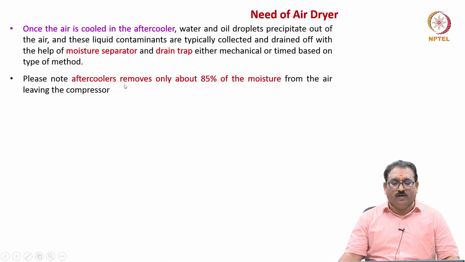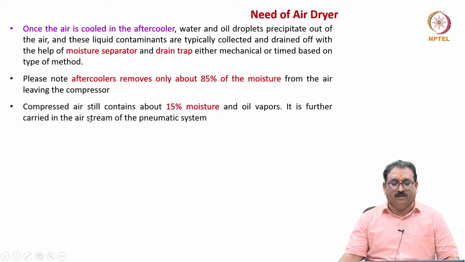Please note, friends, the aftercooler removes only 85% of the moisture from the air leaving the compressor. Compressed air still contains about 15% of the water along with oil vapors. It is further carried in the airstream of the pneumatic system.